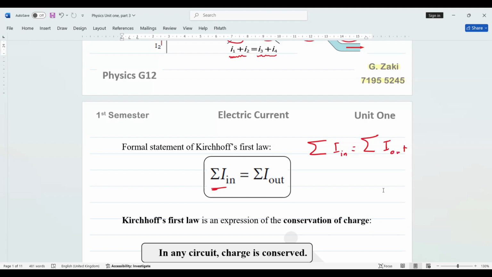So we can say the sum of charges in equals the sum of charges out. Then the charge is conserved. So in Kirchhoff's first law, the charge is conserved. This is important.